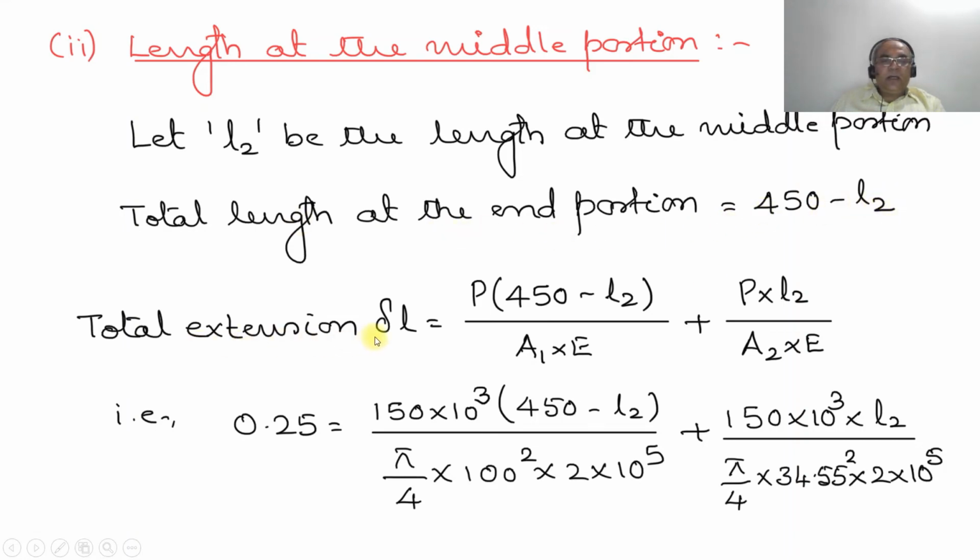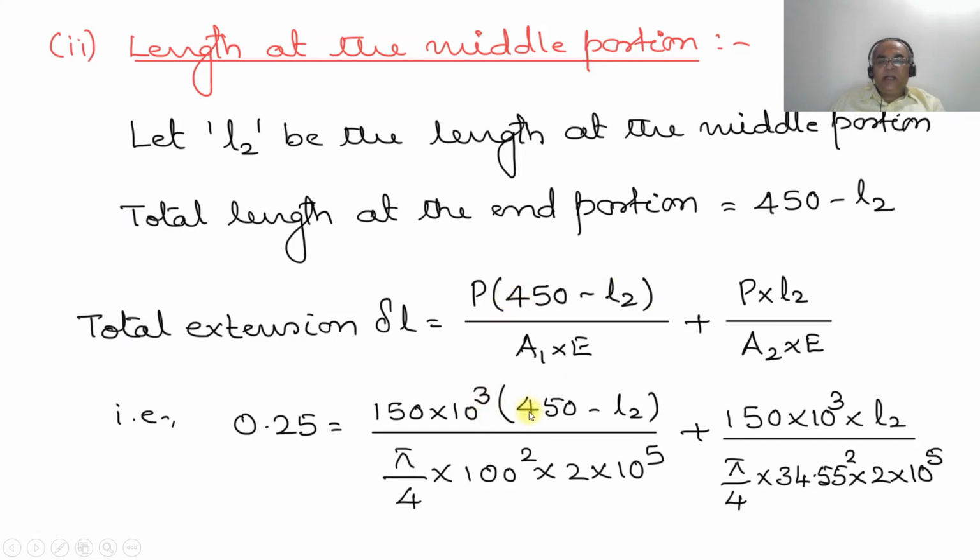So the total extension delta L will be equal to (450 minus L2) by A1 into E, plus P into L2 by A2 into E. Here 0.25 is the total extension, and P is 150 into 10 to the power of 3.